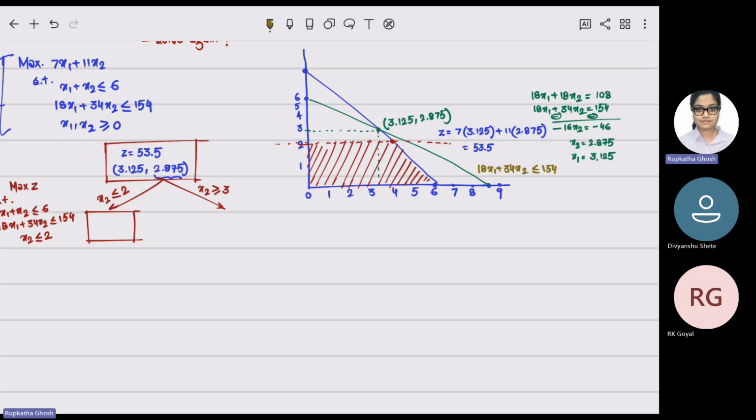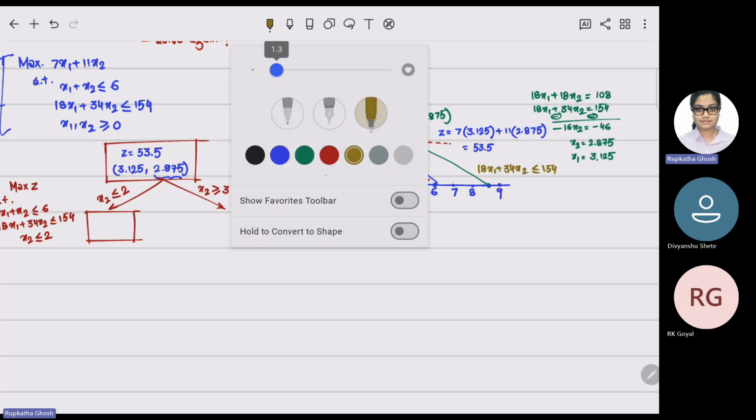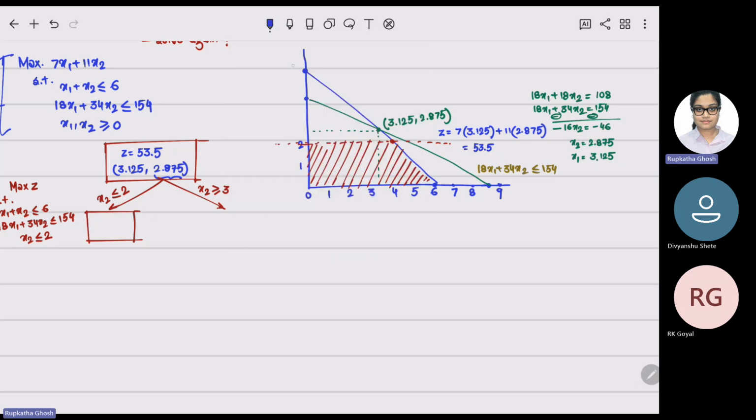Okay, I think I made a mistake. None of you pointed it out in the demarcation. This is 6, right, guys? This is 6. This is somewhere, this is 4.5, right? So here you have 5, you will have 4, 3. It's fine now. So here for 18x1 plus 34x2, you have the region pointing like this, right?